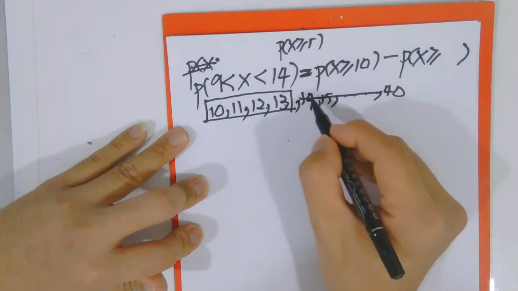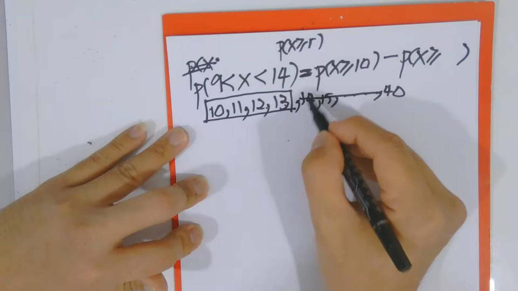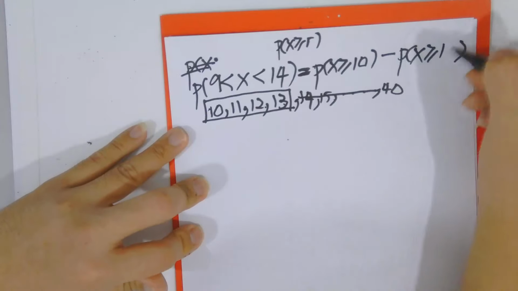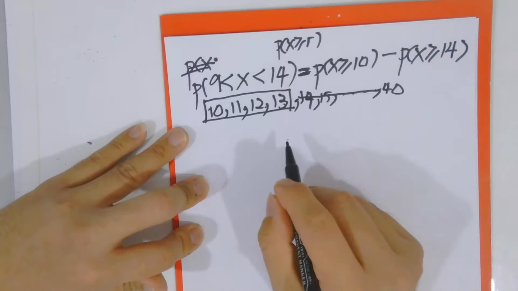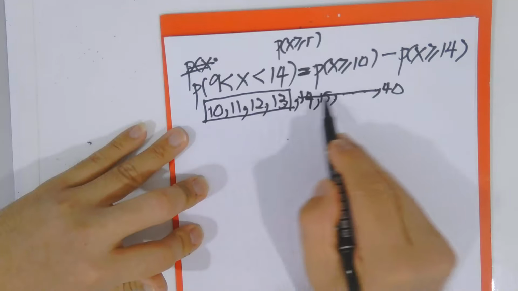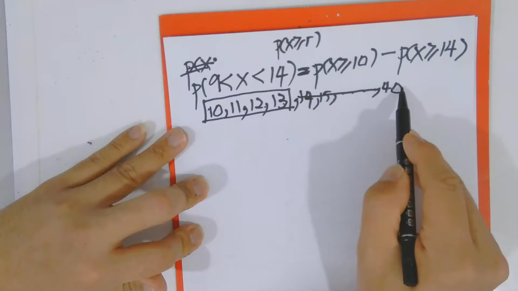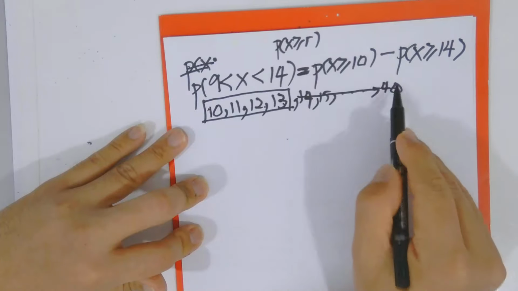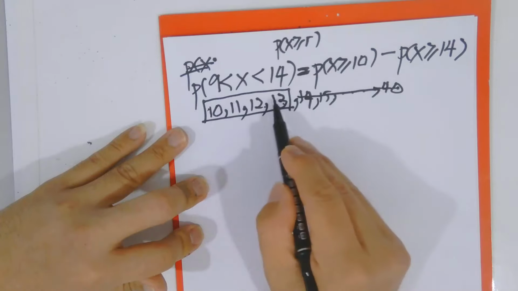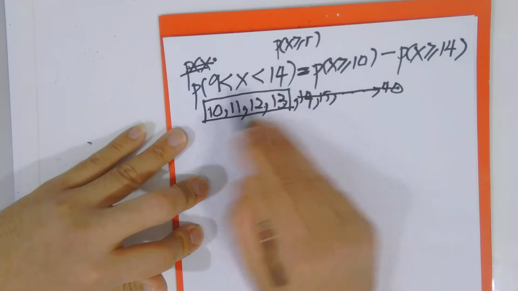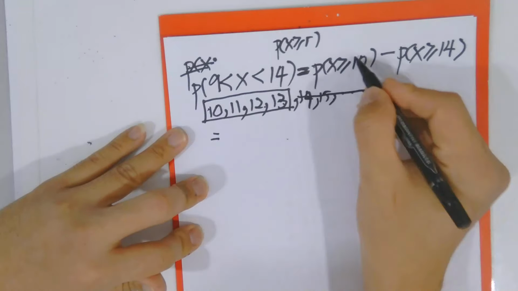At least 14. We don't want the value of 14 and above. So that's why we put 14 here. We want 10 up to 40, minus the values of 14 up to 40. Then I have the values of 10 up to 13, which is required by the question.